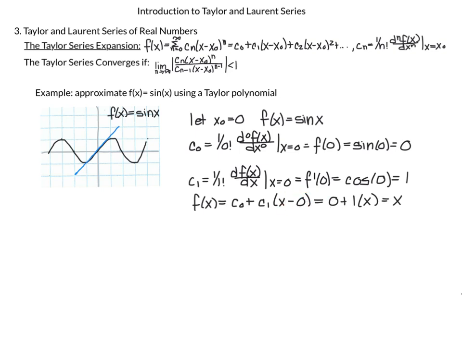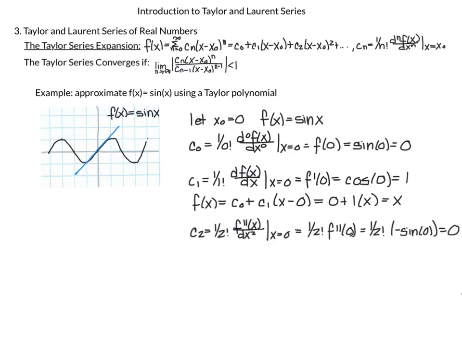So we have 0 plus 1 times x, which is equal to x, which is this line here. So now we're approximating our sine wave with this line, y equals x. You can see near x equals 0, this approximation isn't bad, but as we move further away from x equals 0, our approximation isn't always so good.